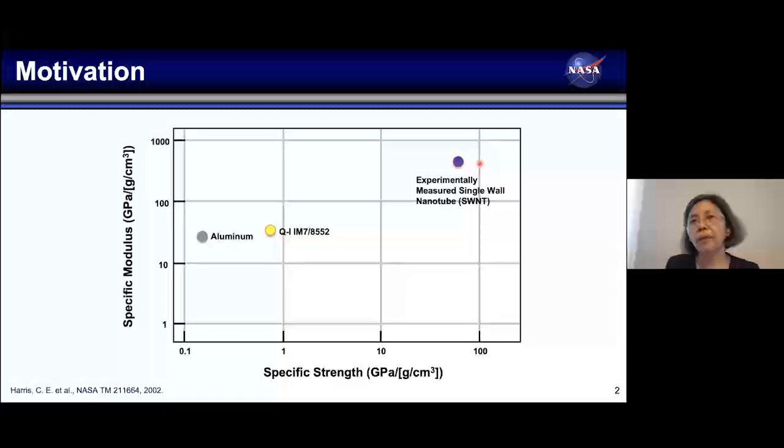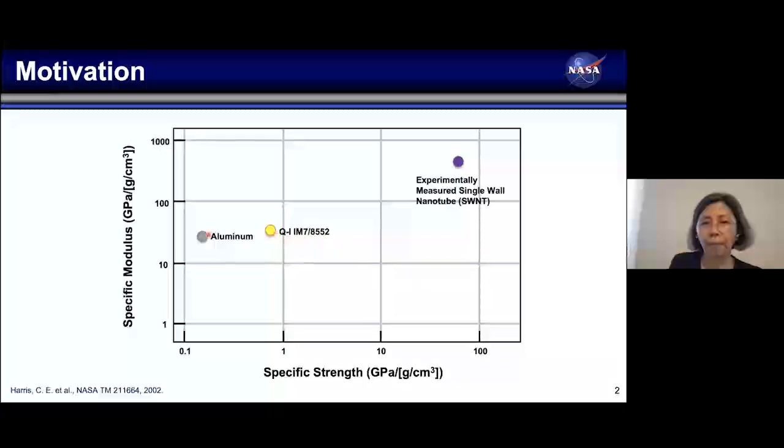So, in the context of materials that are used for aerospace structures, what does that look like? This plot is an excerpt from an STM that Charlie Harris published back in 2002. You'll recognize aluminum, which is ubiquitous in aerospace vehicles. And now we also have composites, carbon fiber reinforced composites.